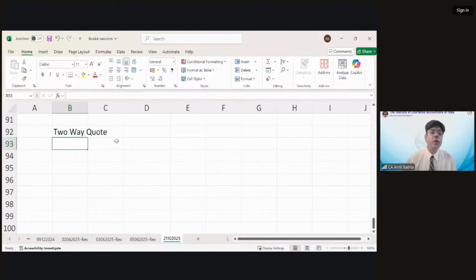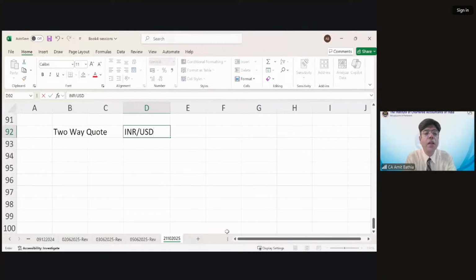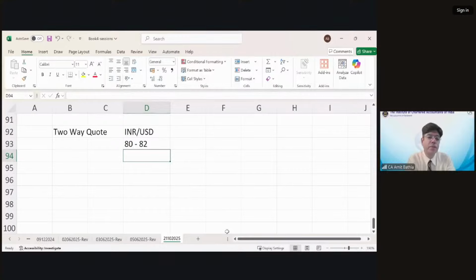Say, for example, if I want to buy INR upon USD, I'm given the quotes as, let's say, 80 to 82. This is how the two-way quote generally gets expressed.